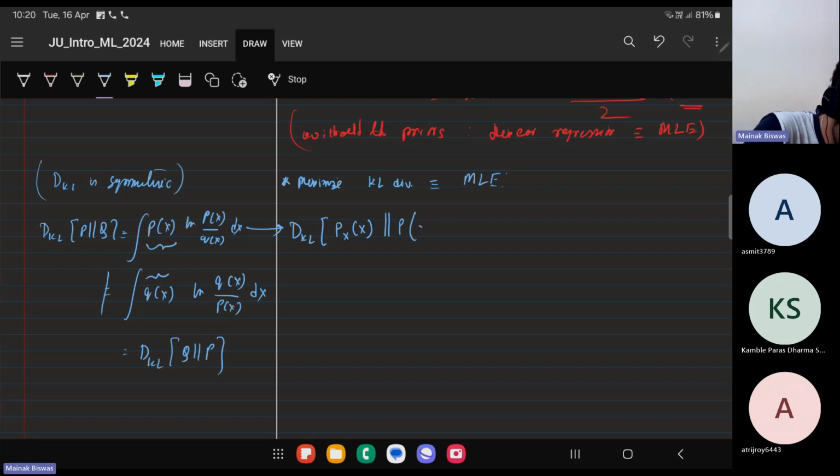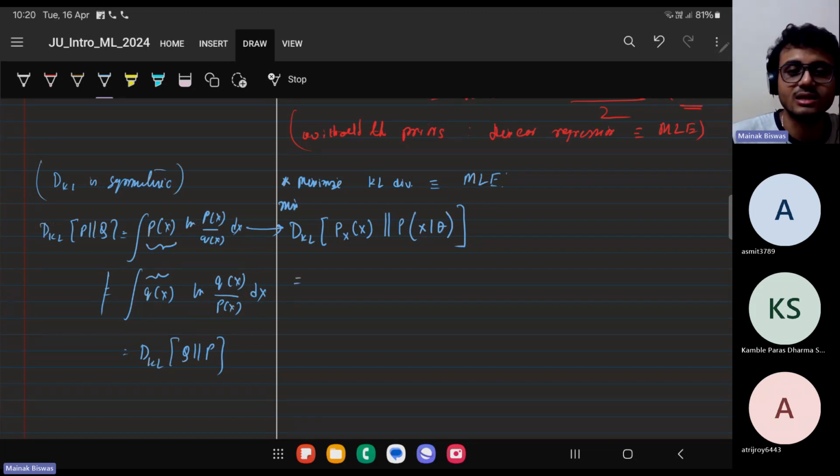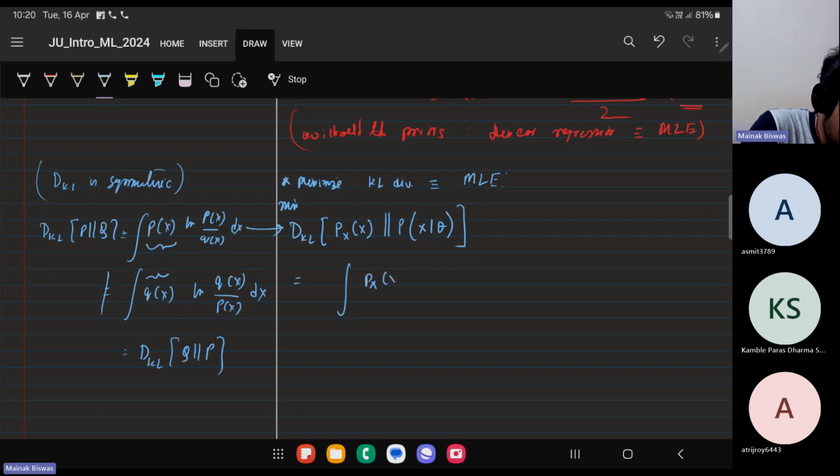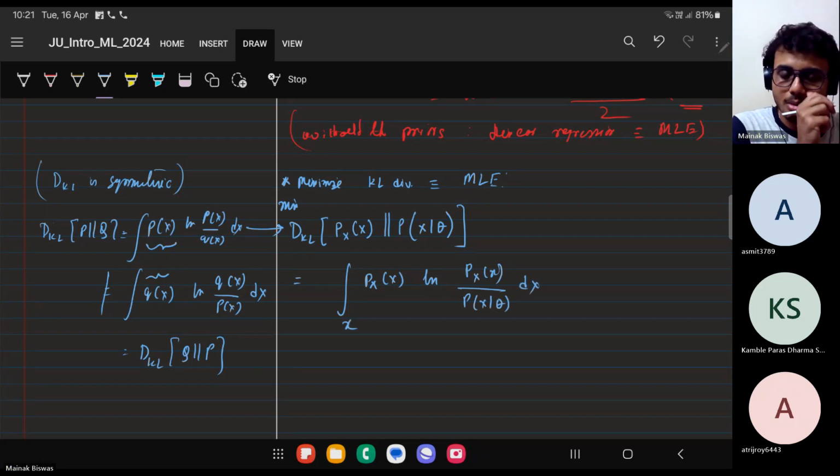Okay. So this is what I want to minimize. Minimize KL divergence. So what can I write this KL divergence as? I can write this as the expected value over Px of log of Px by P of x given theta, by the definition.